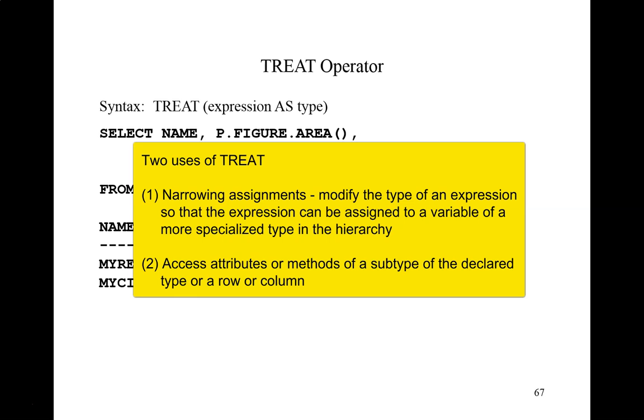A substitutable object table or column of type T has a hidden column for every attribute of every subtype of T. These hidden columns contain subtype attribute data, but you cannot list them with a describe statement. Treat enables you to access these columns.